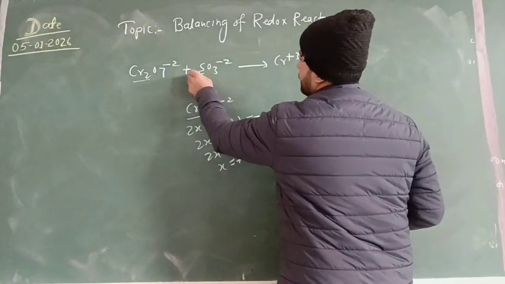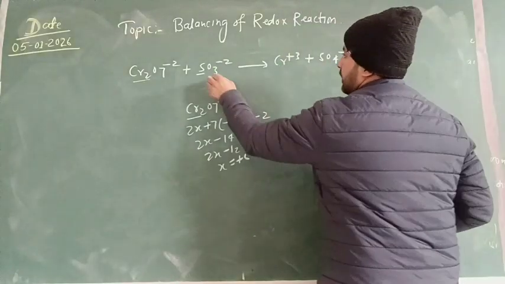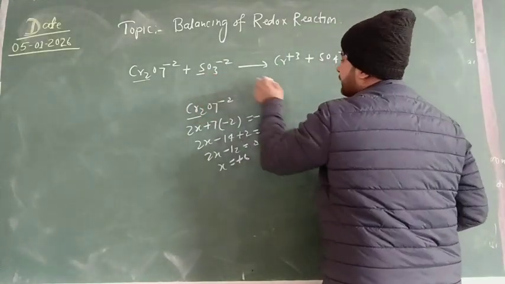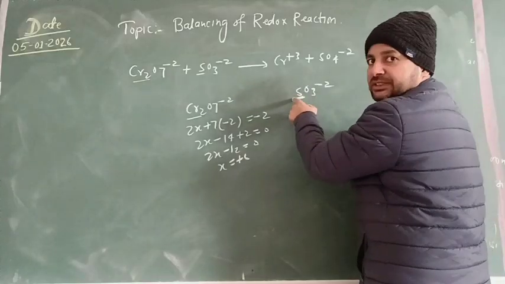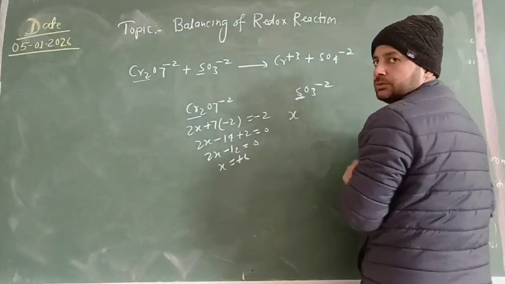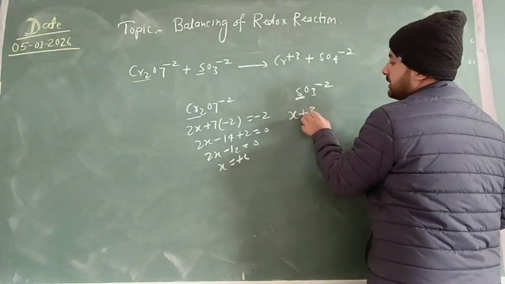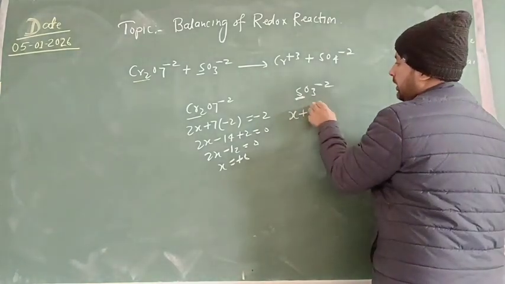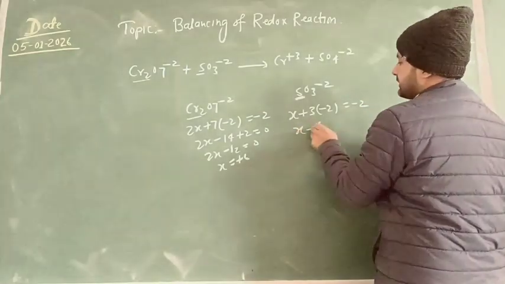Here, in the case of SO3 2-, sulfur has plus 4 oxidation number. How can we find it out? Here there is only one sulfur atom, so we put X, then a plus sign, and there are 3 oxygen atoms. So 3 times minus 2 equals minus 6.